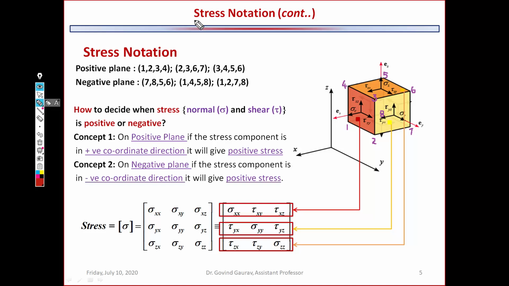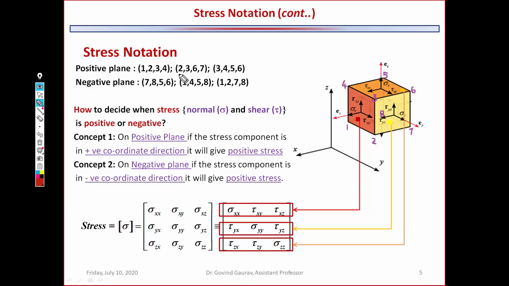So the next question is, when will we say that the planes are positive and when will we say that they are negative? In this case, the positive planes are represented by 1, 2, 3, and 4. So the plane represented by 1, 2, 3, and 4 is one of the positive planes.